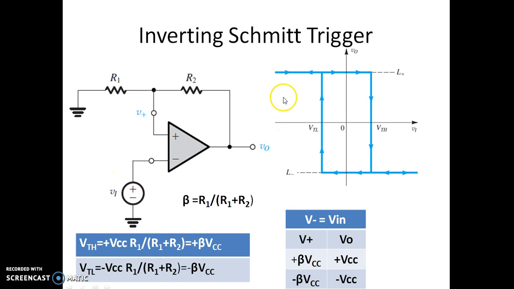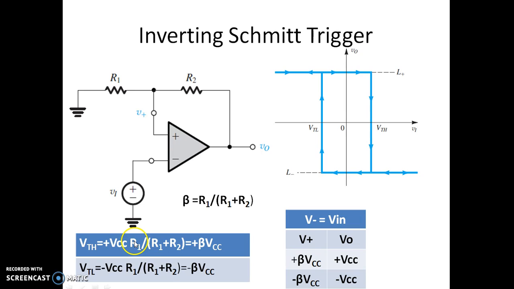As you can see from the transfer characteristics, suppose we apply an input voltage whose amplitude is less than VTH, which is given by plus Vsat into R1 by R1 plus R2, which is plus beta VCC. If the input voltage is less than VTH, the output always remains at plus Vsat.